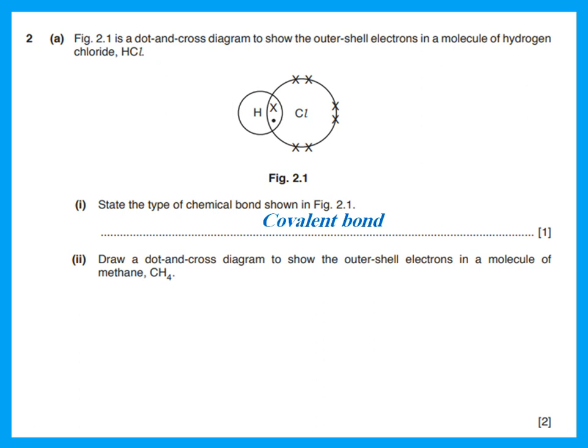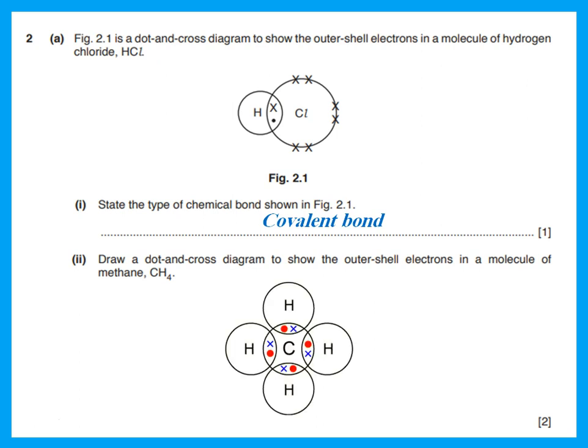Draw a dot and cross diagram to show the outer shell electrons in a molecule of methane. Methane is something that has 1 carbon, 4 hydrogens. And that means the carbon is in group 4. It has 4 electrons in its outer shell. It needs 4 more electrons, so it's going to share a pair of electrons with each hydrogen.